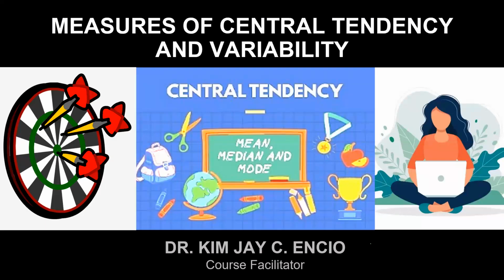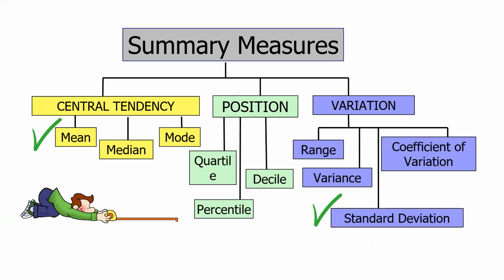Okay, let's talk about measures of central tendency and variability. These are examples of what we call summary measures. We have measures of central tendency, namely mean, median, and mode. For measures of position, we have quartile, decile, and percentile.